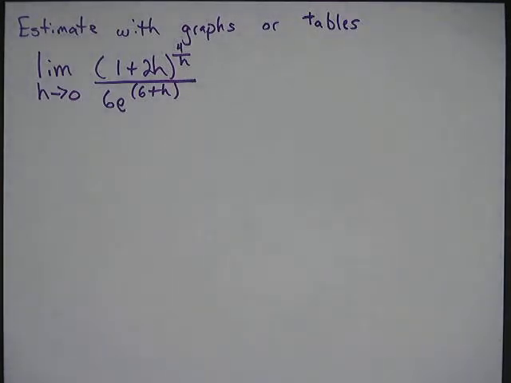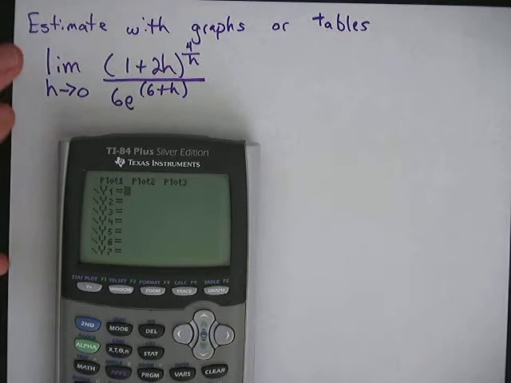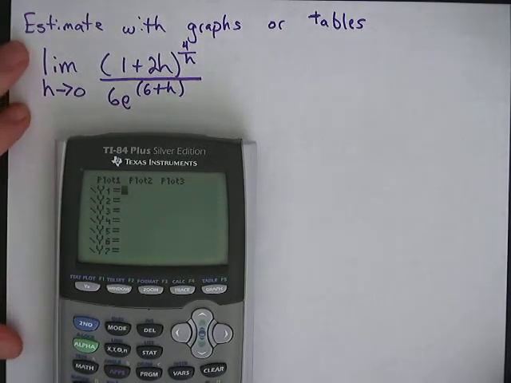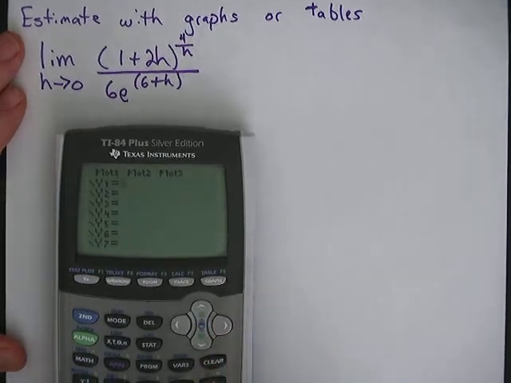Note that you cannot use h in a TI-84 calculator, so we'll have to use x. Okay, so let's open up parentheses: 1 plus 2x, close parentheses, to the power, parentheses, 4 over x, divided by, open parentheses, 6e.